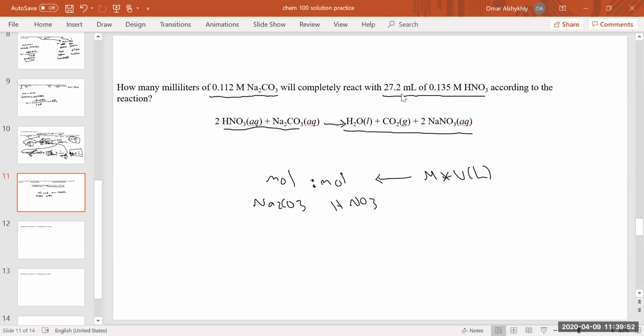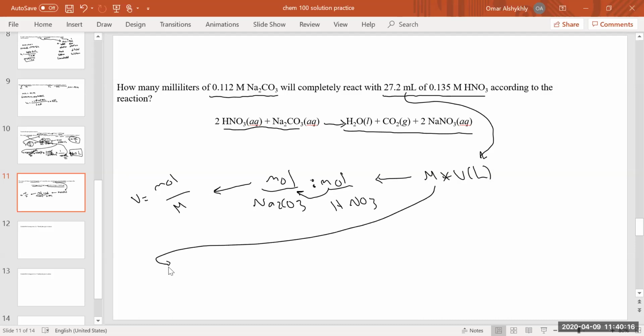Be careful, guys. Here it is milliliter, so we will convert to liter. After you get the mole of HNO3, we will use the mole-to-mole ratio to get the mole of Na2CO3. Then they are asking how many liters, the volume. Volume will equal mole divided by molarity.